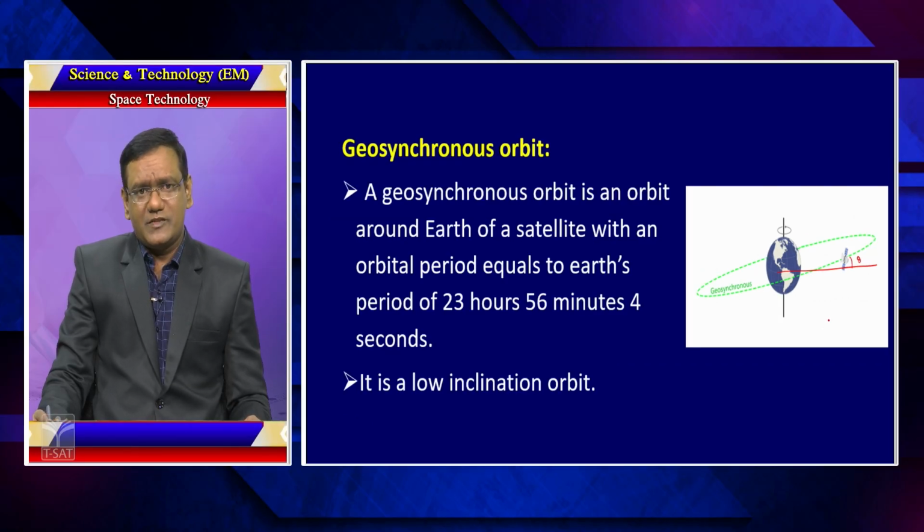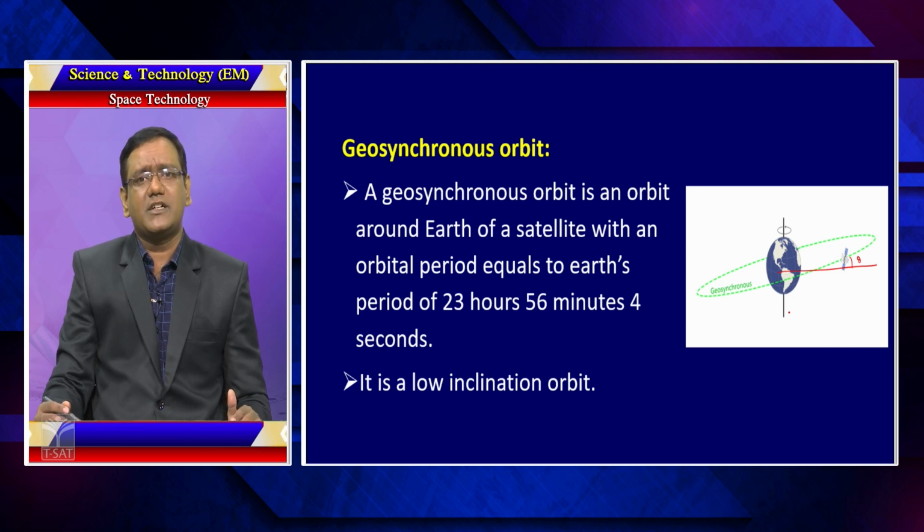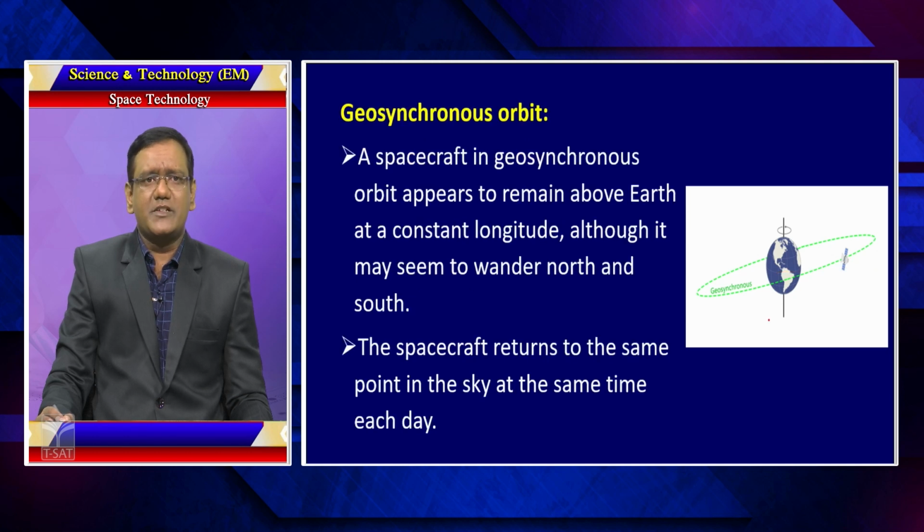Geosynchronous orbit means an orbit that revolves around the Earth such that the time period of that satellite is equal to the time period of the Earth. Geo means Earth, and synchronous means it is in sync with the time period of the Earth. That is why it is called geosynchronous orbit.